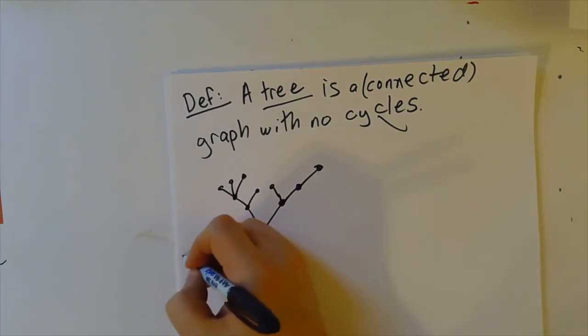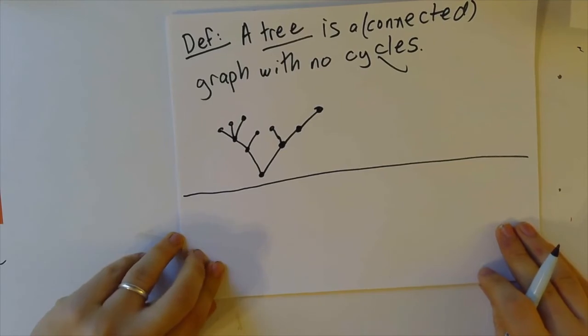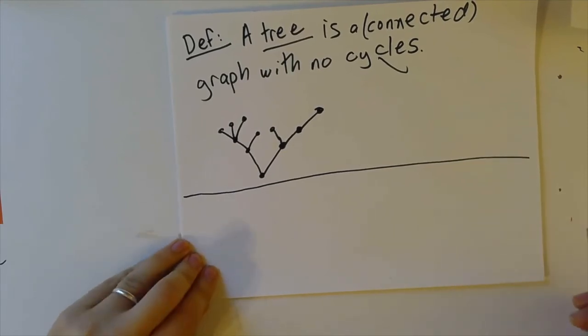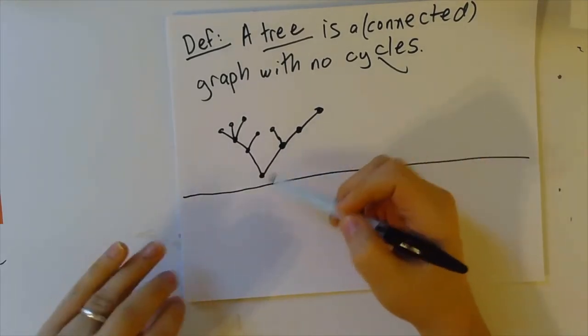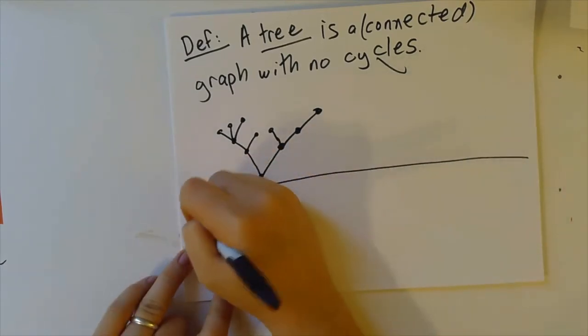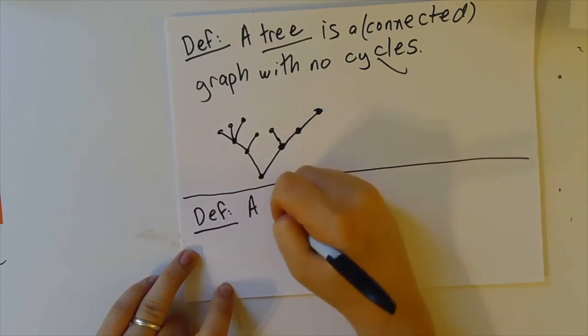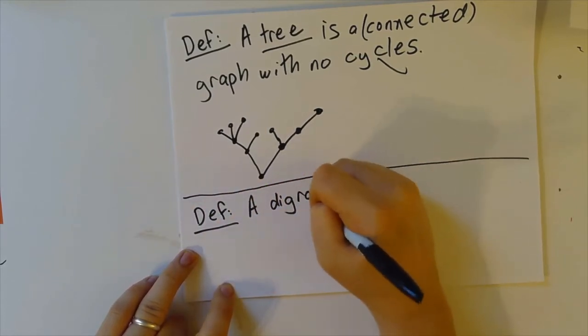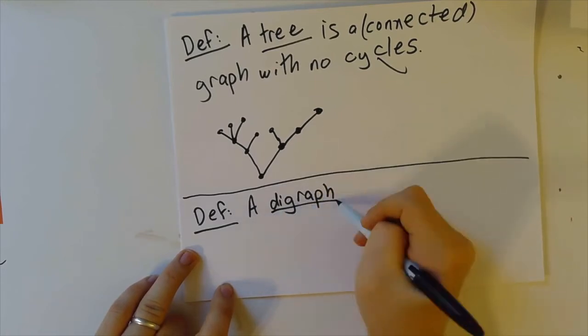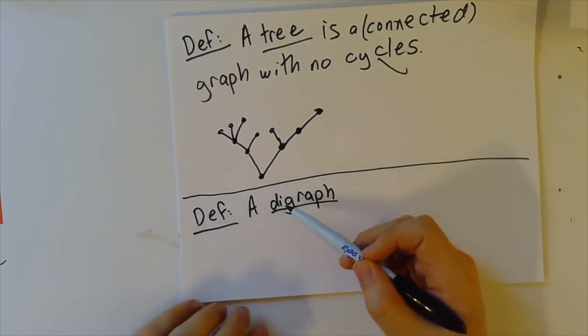Last up for this video, I wanted to talk just a tiny bit about what happens when you talk about a graph where the edges are directed. And so I'll go ahead and say that we're going to call that a digraph. Okay, and all that is, is shorthand for directed graph.